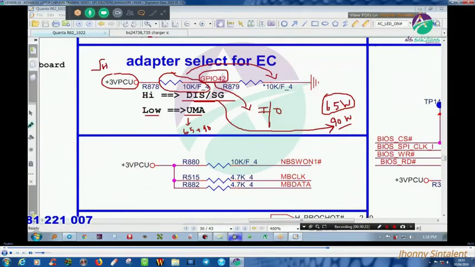So who will tell the IO controller? These are the resistors R878 and R879. If this resistor is present, it will tell high. If this resistor is removed and connected to ground, that means low, and it will understand it is a 65 watt adapter. So this is the second confirmation given to the IO controller.